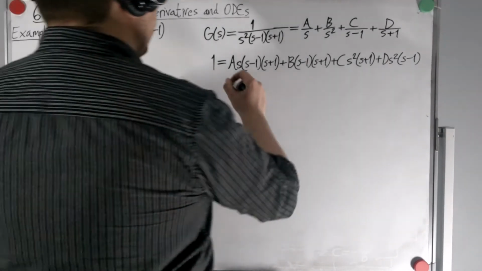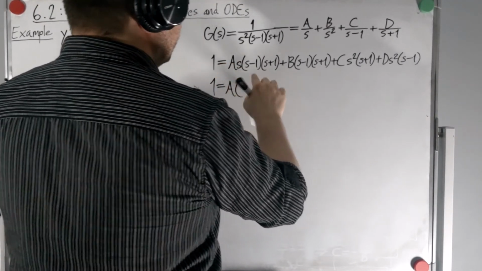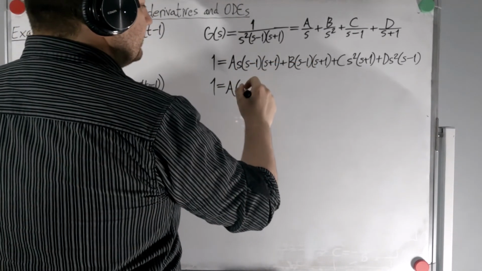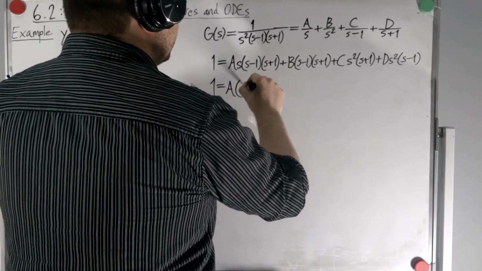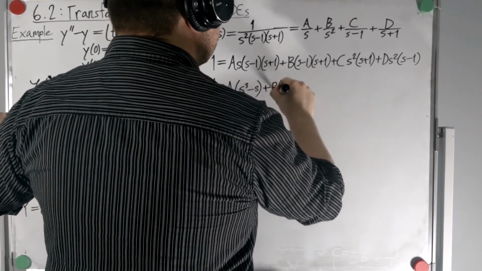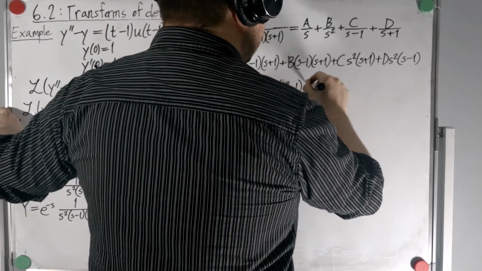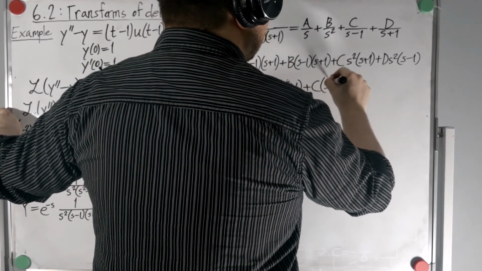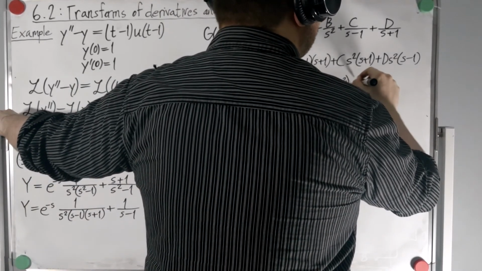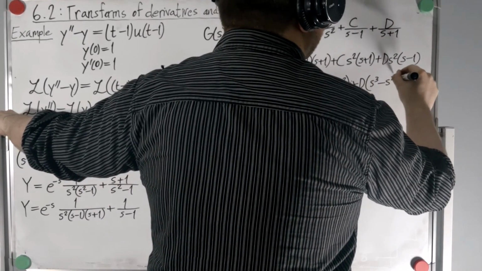We can distribute everything and get 1 equals A times (s squared minus 1)s, so this is going to be s cubed minus s, plus B times (s squared minus 1), plus C times (s cubed plus s squared), plus D times (s cubed minus s squared).